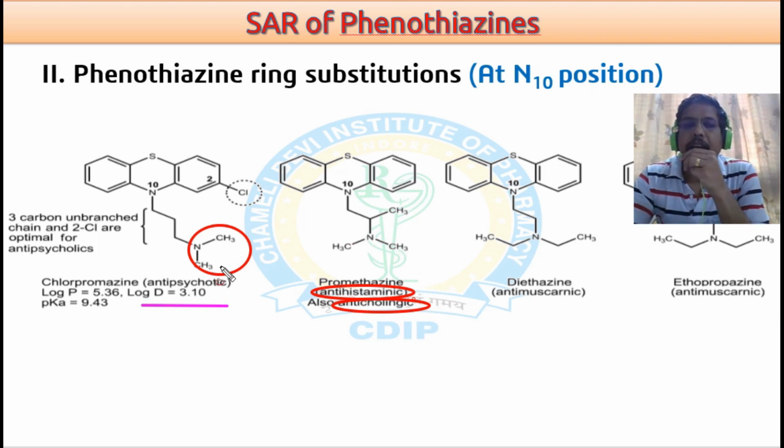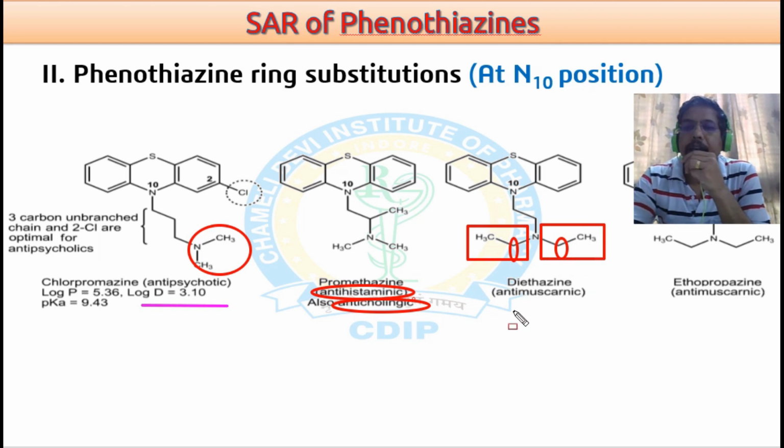Similarly, on the terminal nitrogen, if we replace the two methyl groups by ethyl groups, then the compound shows anti-muscarinic activity.